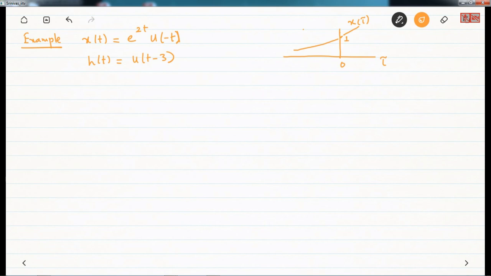So u of minus tau is non-zero only in this interval. So this part becomes 0, right? So this is e power 2 tau, u of minus tau is this. This is an exponential signal.